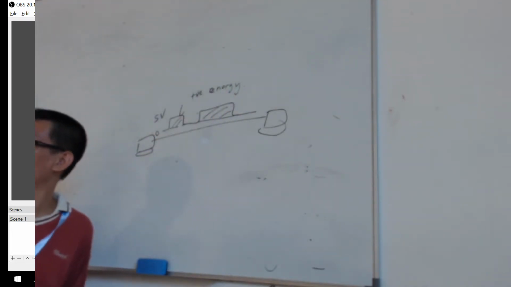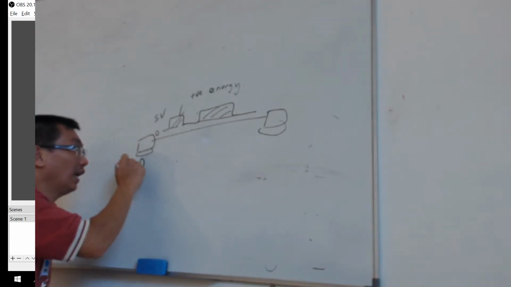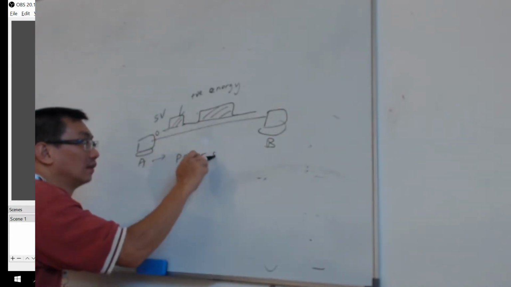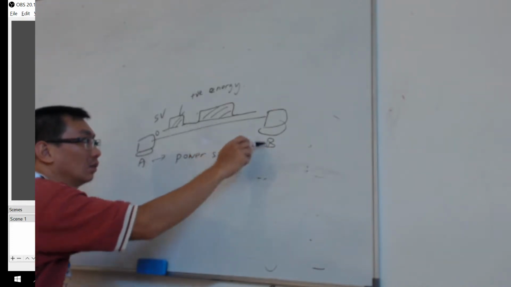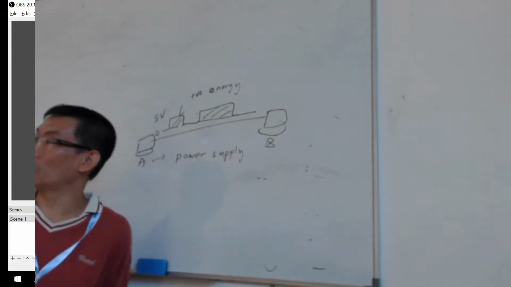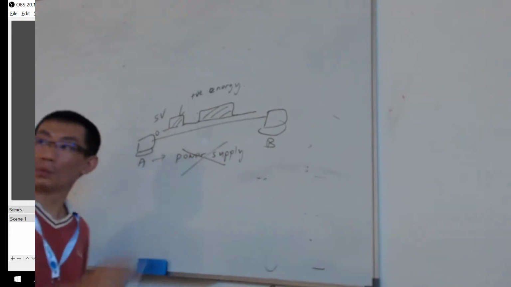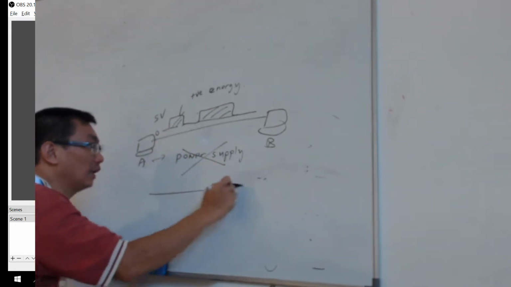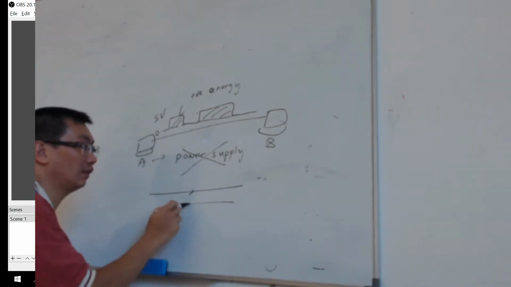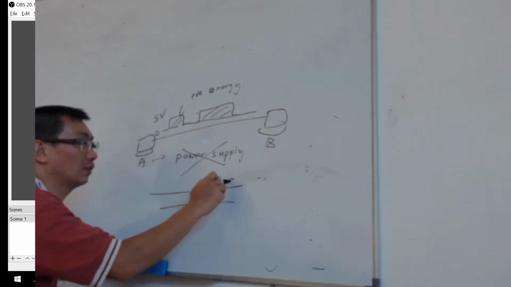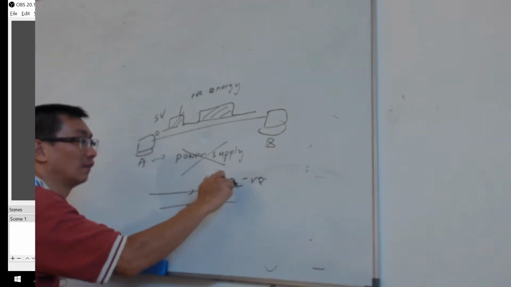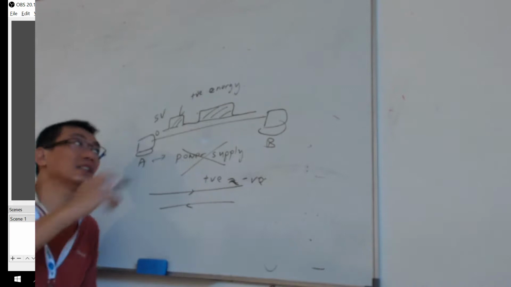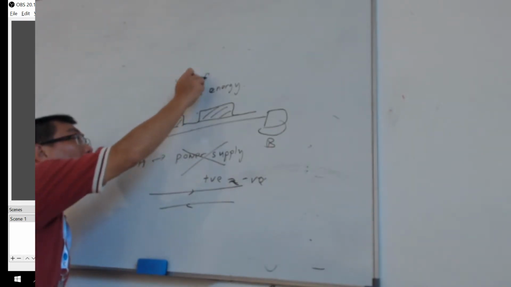So A is actually providing power supply to B. We don't want that to happen. What we want is for the amount of energy sent and received, the positive, to equal the negative. We want it to be balanced. That is what you call a DC component.